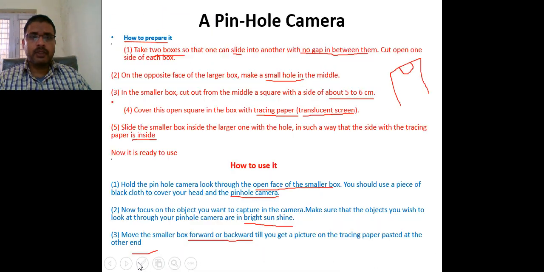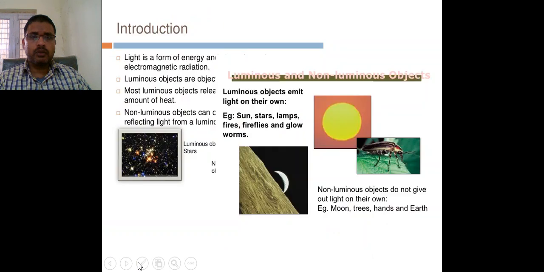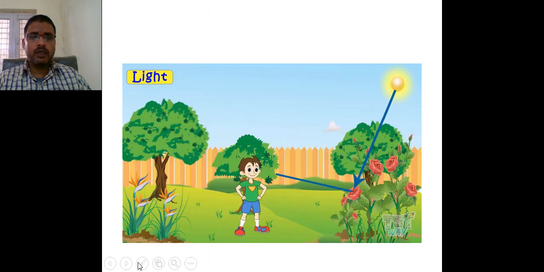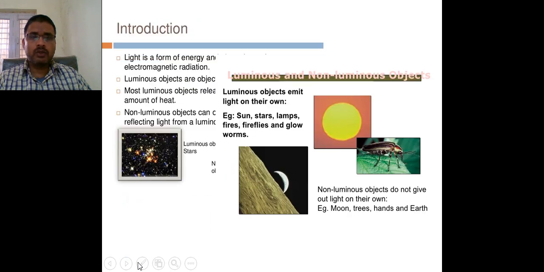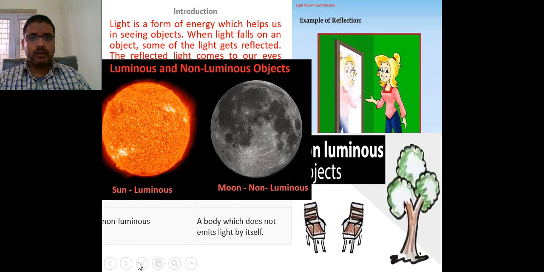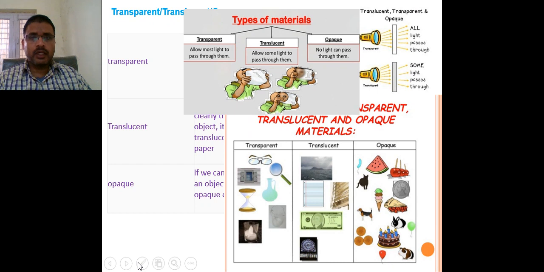What is luminous and non-luminous? What are the different examples? And about light, some types of material: translucent, transparent and opaque, and their examples, and the formation of shadows.